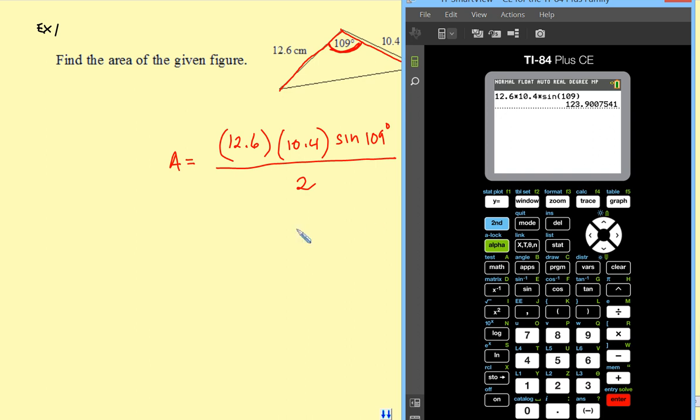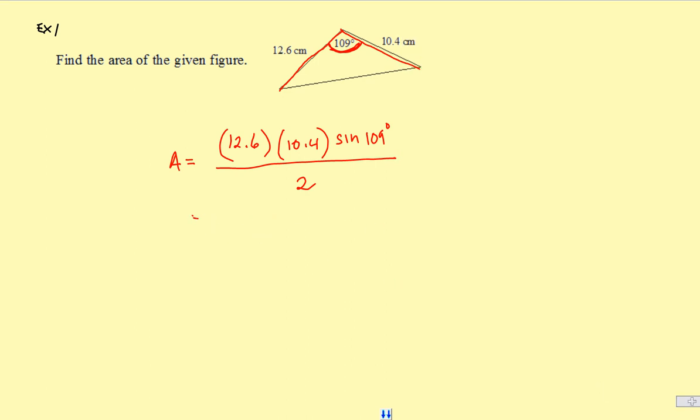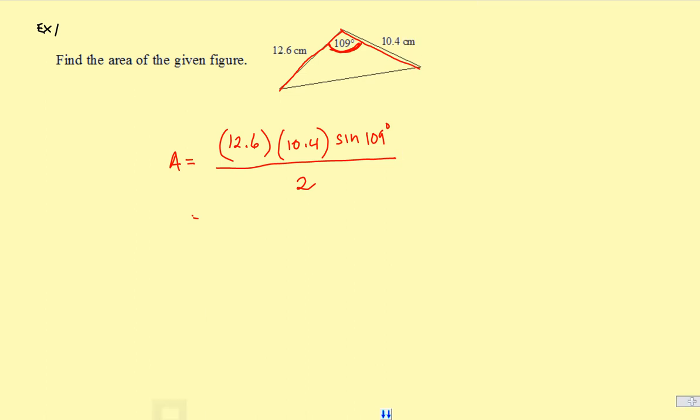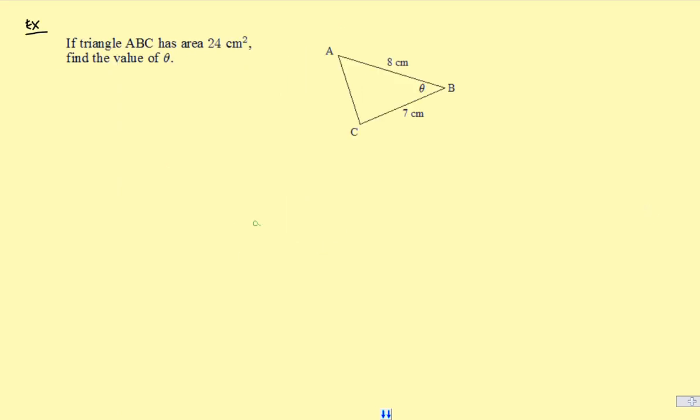So it would tell me that the area here would be 61.95, which to 3 significant figures would be approximately 62.0, and this was in centimeters, so it's going to be centimeters squared. All right, let's just try another example very quickly.